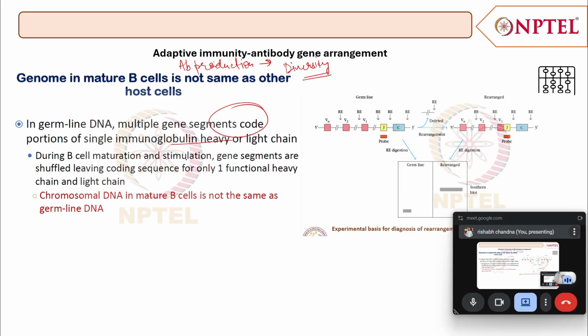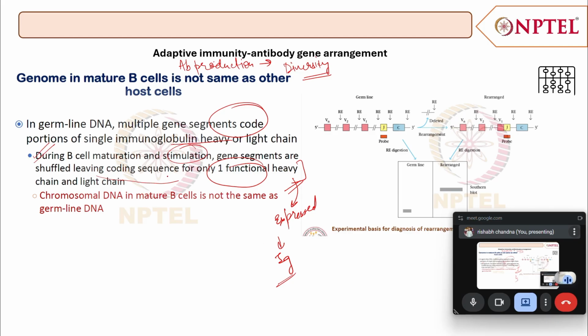Okay, so during maturation and stimulation, these gene segments are shuffled, leaving the coding sequence of only one functional heavy and light chain. As we have just now discussed, there are multiple heavy or light chain segments. So in that case, during maturation and stimulation, these heavy and light chain segments are transformed into only one functional thing that is expressed in the form of immunoglobulin.